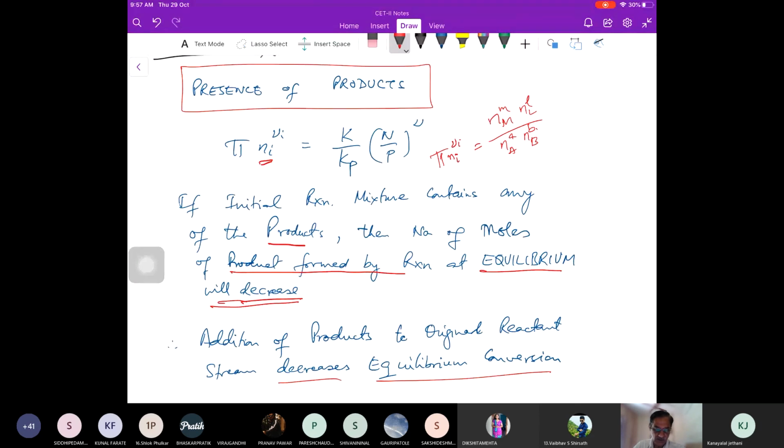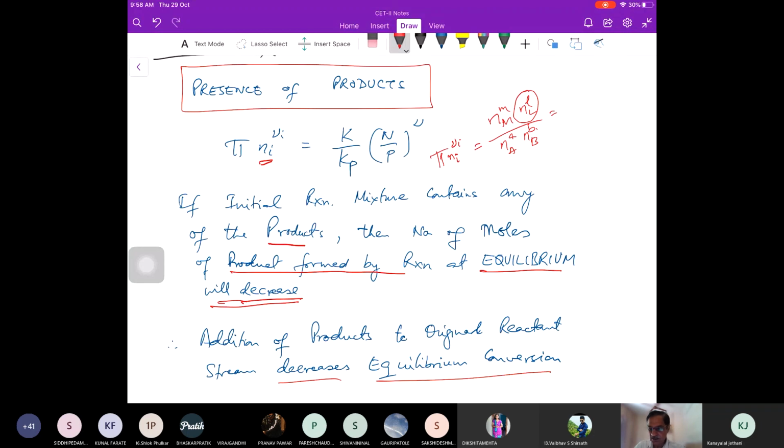So what will happen is if I just add products here, that means I'm adding this one in the feed itself. So ultimately reaction कम हो जाएगा because already वो present है. Equilibrium concentration fixed है, right? If I already have it in the reaction mixture, it will reduce the conversion because उतना कम बनेगा. Because it is fixed, right? This ratio is fixed.